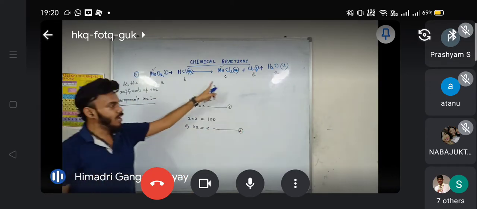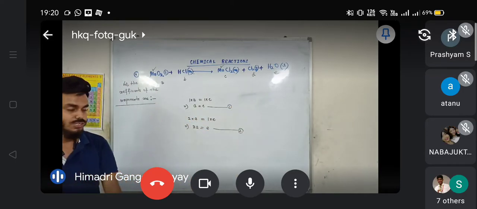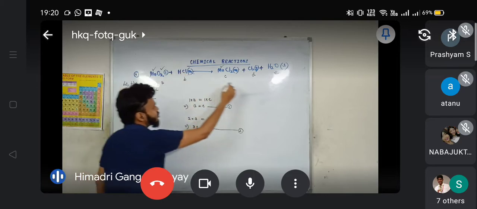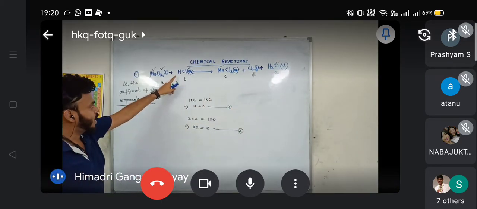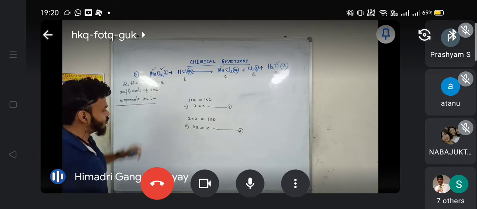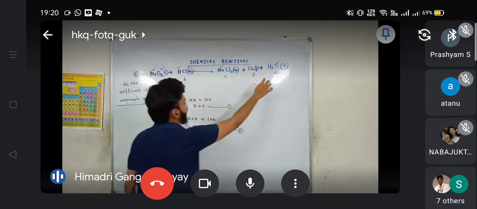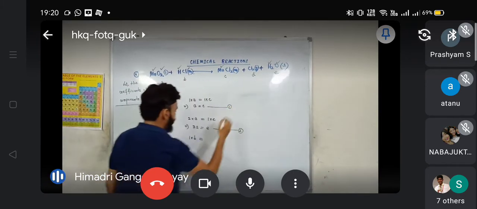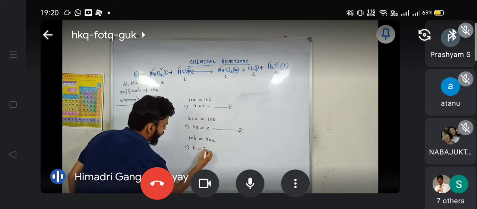There are 5 unknown variables, so there will be 5 equations. So this time oxygen is over. Next will be hydrogen. Number of hydrogen is here 1 into B, that will be equal to here 2 into E. So the third equation is coming to be B is equal to 2E.